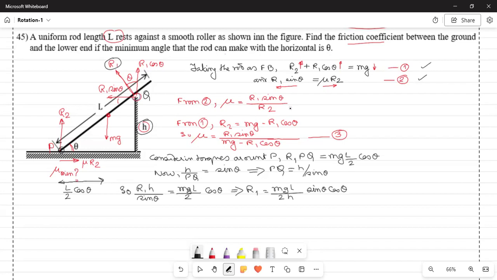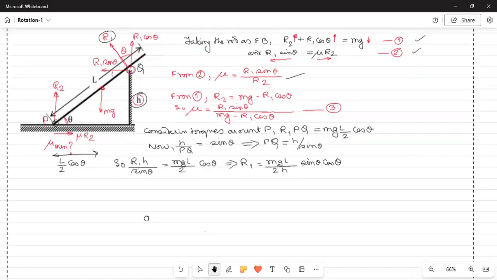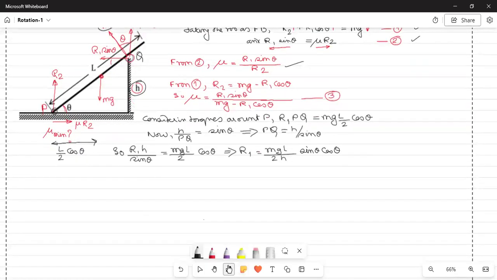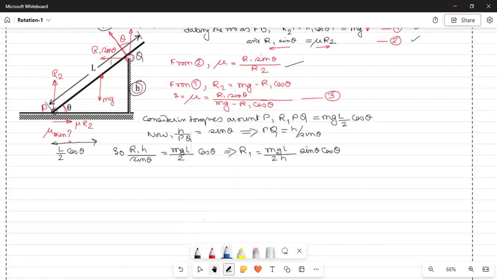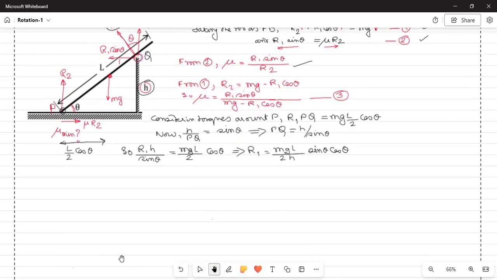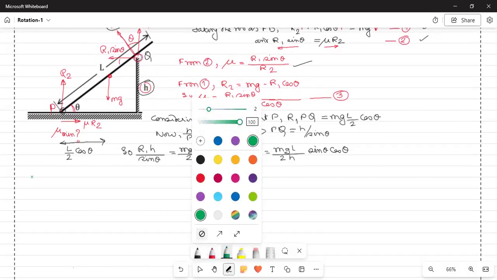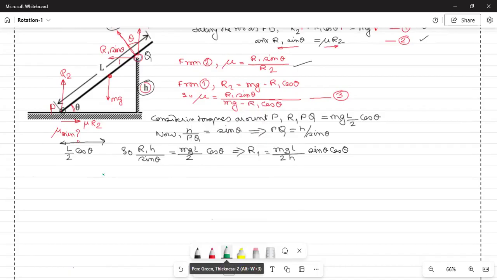Now we go back to this relation of mu. We have mu is equal to R1 sin theta divided by R2. I write it once again for clarity.